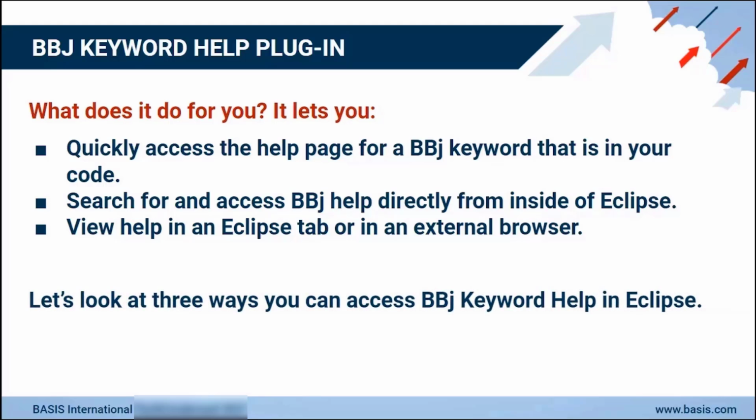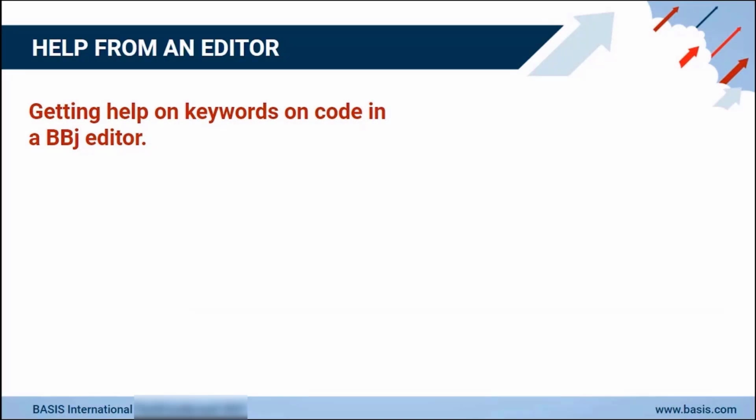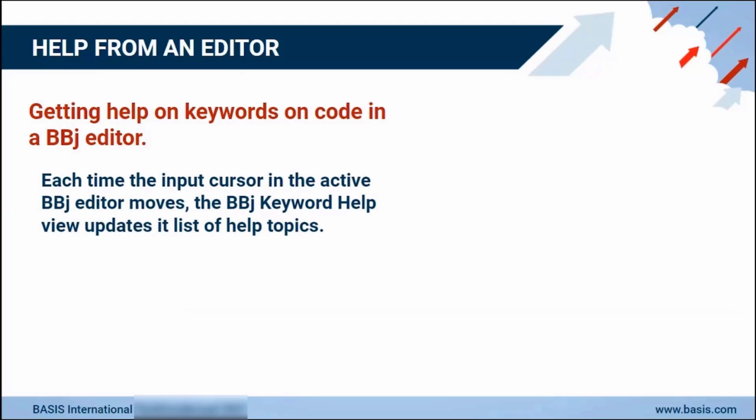So let's look at the 3 ways that you can access BBJ keyword help from inside of Eclipse. To get help on keywords in an editor, and by that we mean a BBJ code editor that is open on a BBJ source file in BDT, the way you do that is each time the input cursor, meaning the cursor from the text, is in the active BBJ editor and it moves, the BBJ keyword help plugin has a view that it displays to you called the BBJ keyword help view.